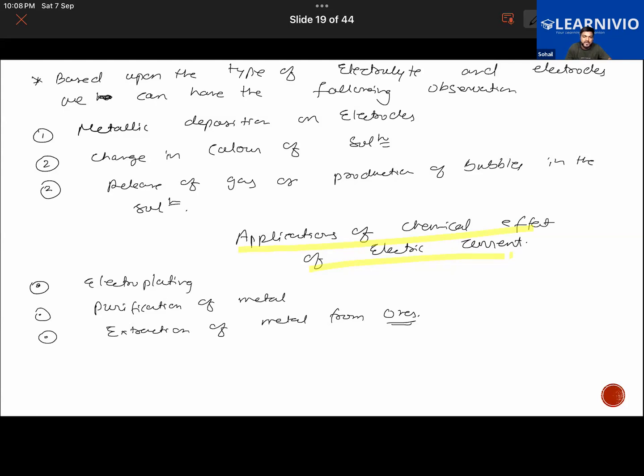Anyone else? Like the materials present in silver, gold. No, not in that manner. Basically, ore is a kind of rock. It contains so many minerals in it.